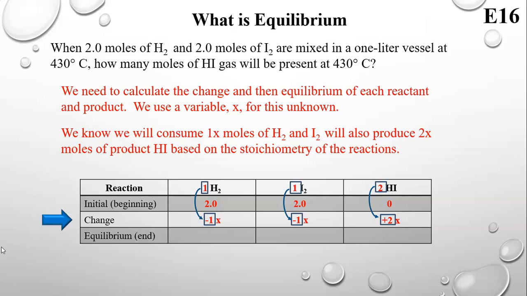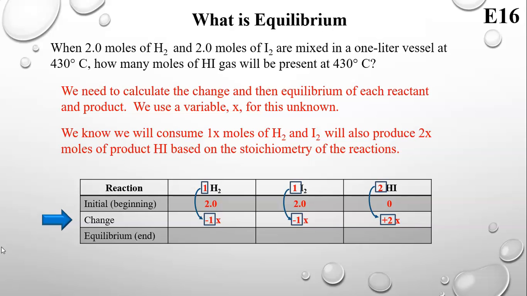On the reactant side, the H2 and the I2, it's a negative 1x because you're decreasing the concentrations of those reactants, and on the right side, the HI, you're increasing the concentration. You know that this reaction initially has to be running from left to right, from H2 and I2, which are reactants, over to HI, which is a product.